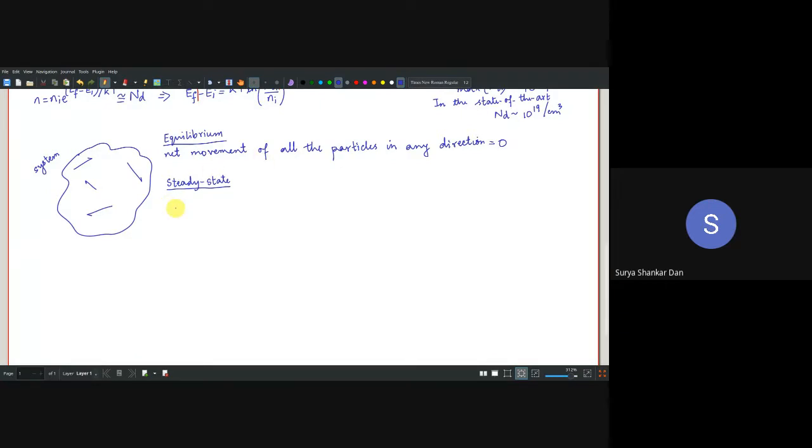At t equals infinity, there is no variation in the state of the system as a whole with time.